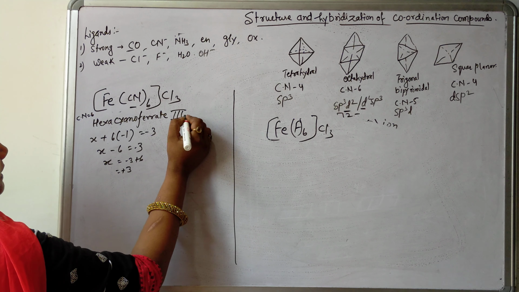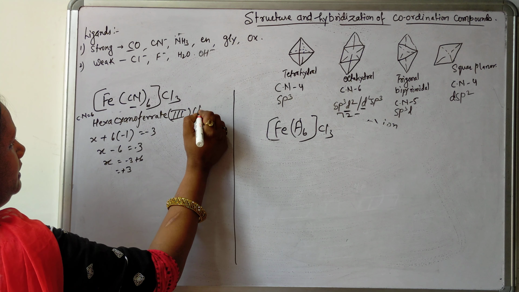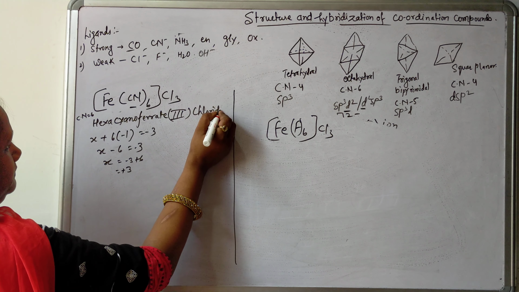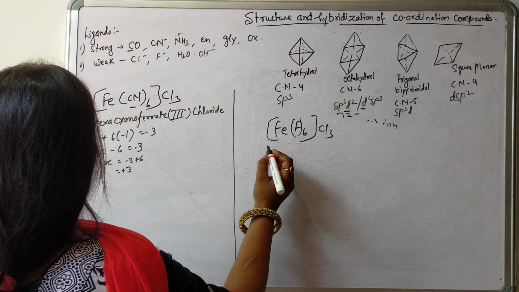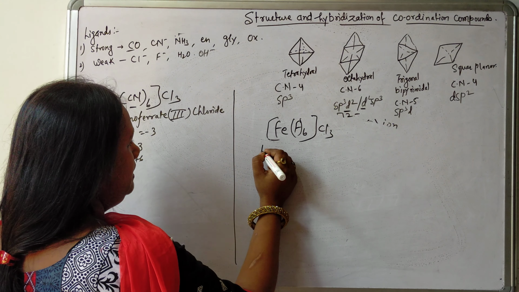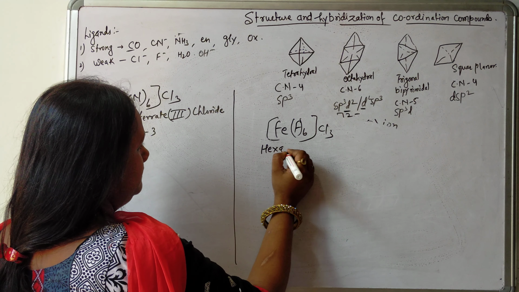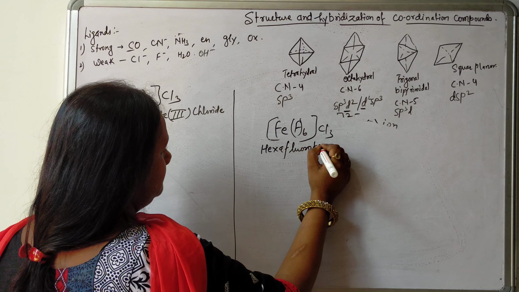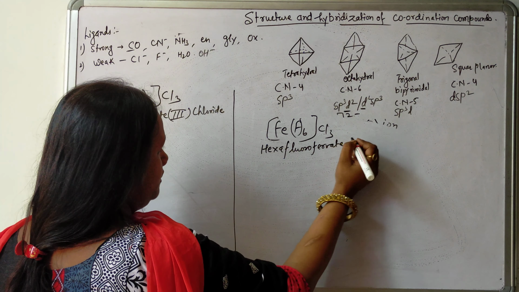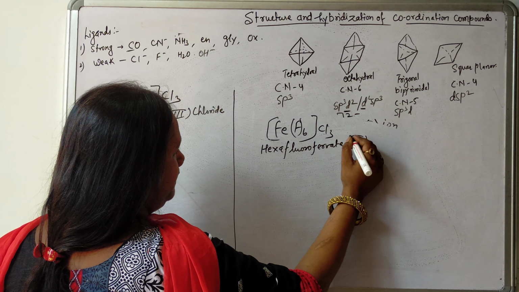Ferrate(III). This is the chloride, and this is the oxidation number. And here, what will be the oxidation state? Hexafluoroferrate(III) chloride. Here the oxidation number will also be the same. Okay.